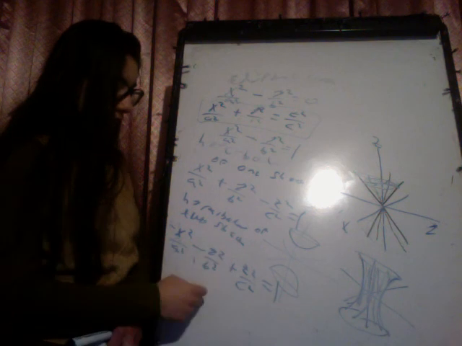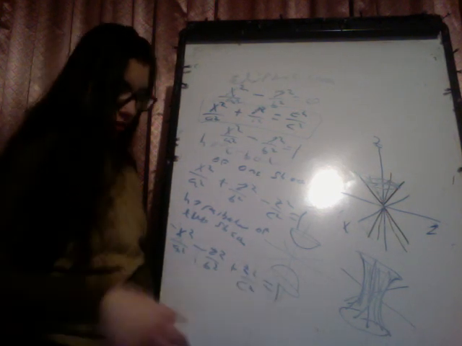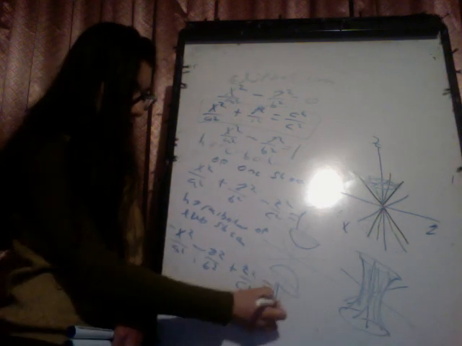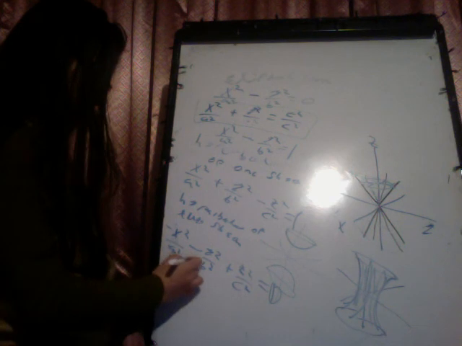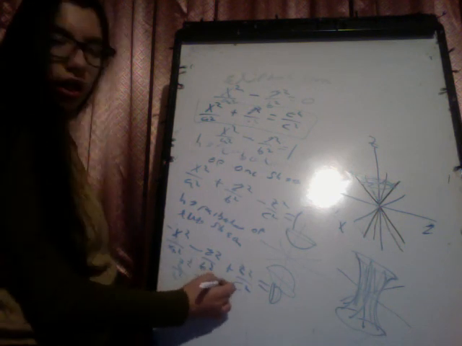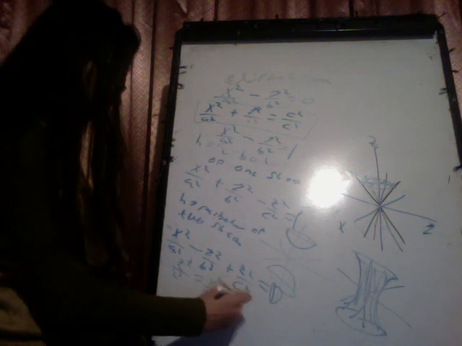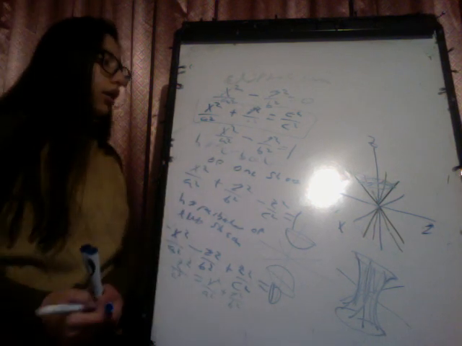Also here, if you replace the 1 with 0, then you can pass this term over and you have z squared divided by c squared equals x squared divided by a squared plus y squared divided by b squared, and so you have again an elliptic cone.